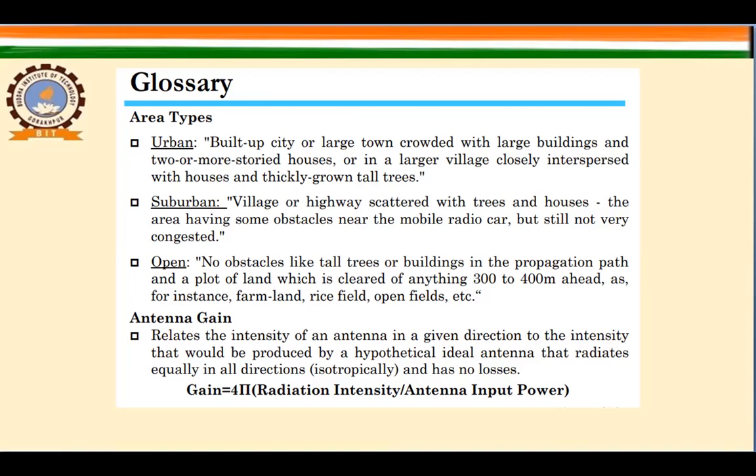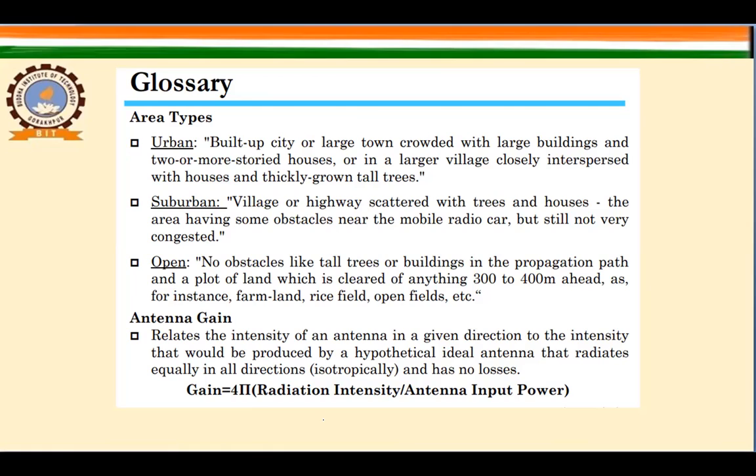When the signals are propagated in all directions, such an antenna is called an isotropic antenna, and it has no loss. So it has unity gain, that is, G of transmitter and G of receiver are equal to 1. From the formula, gain is equal to 4 pi times radiated intensity over the antenna input power.